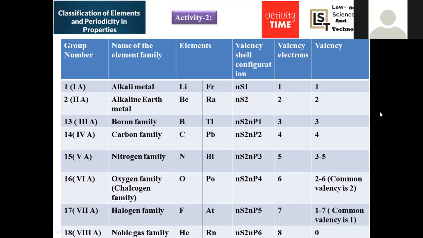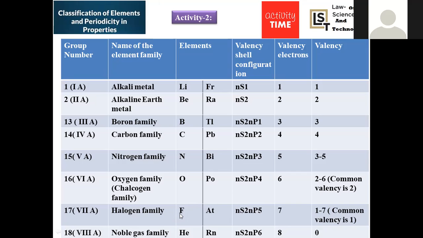Now, let us see the valency of these elements. Valency denotes how many electrons are transferred, otherwise how many bonds it is able to form. Again, here is the range of valency designated for these elements, 1 to 7, but the commonly observed valency for the halogen family will be 1. If you consider fluorine in HF, how many bonds between hydrogen and fluorine?